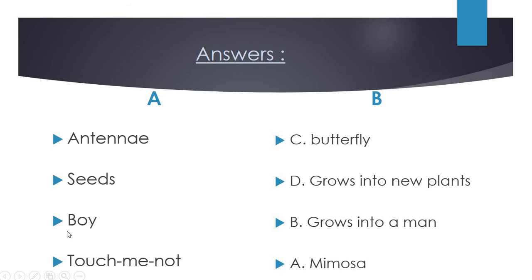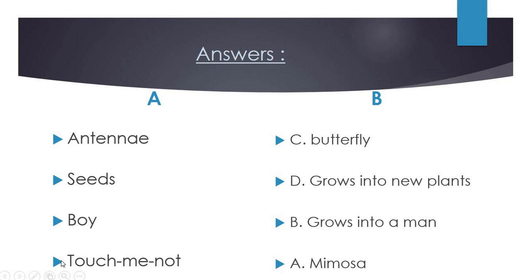Then boy, grows into man, touch me not, mimosa. So here you can see, students, the answers I have matched, and these are very easy to recognize. How to match A and B is very easy, and those who have understood the lesson might have already matched all the options, and at least 2 or 3, if not all.